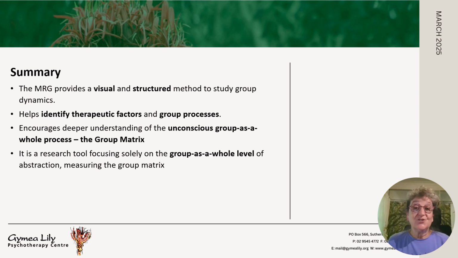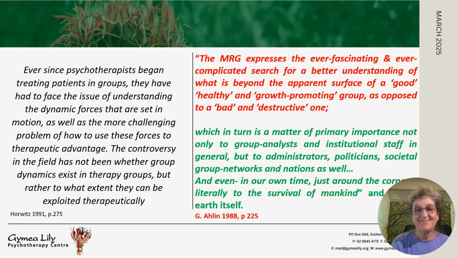And I think it can also show you when your group is stuck. And it is a research tool focusing solely on the group as a whole, or groupal level of abstraction, and it measures the unconscious group matrix. So this is my second last slide.